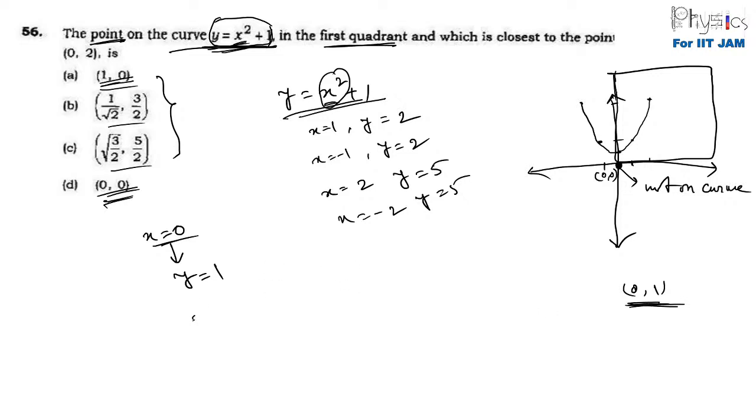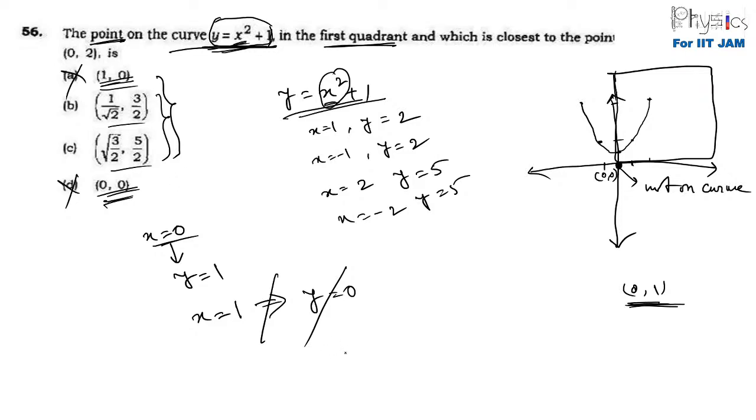That means if x equal 1, then it would not give us y equal 0. So this point is again not on the curve. Then our answer is in between these two.